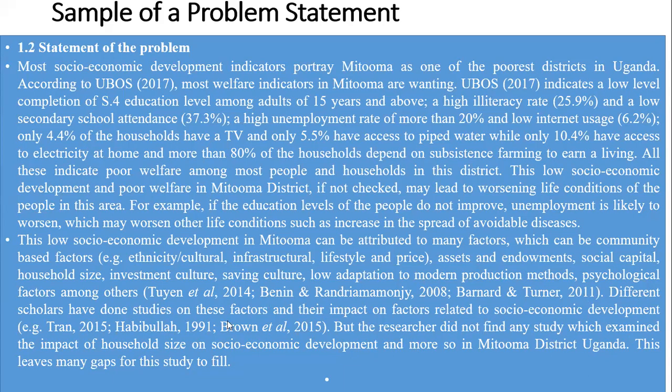But the researcher wanted to build the gap by showing that according to the literature he has looked at, different researchers have done studies on different factors related to socio-economic development problem.